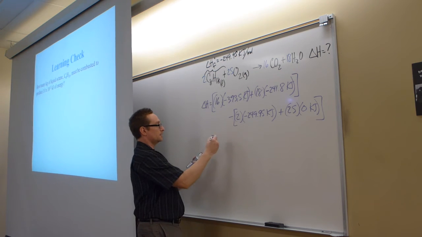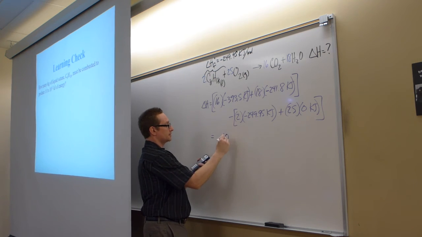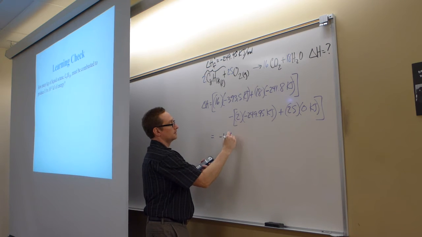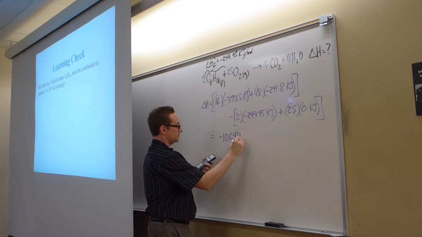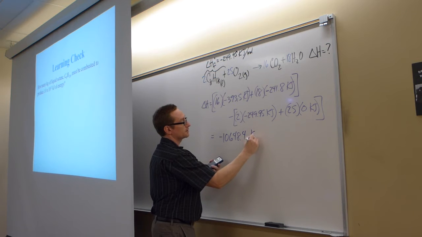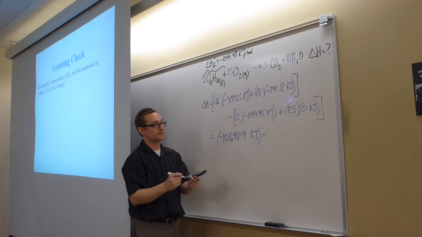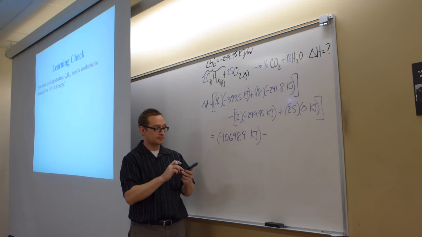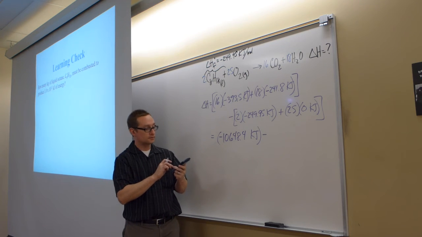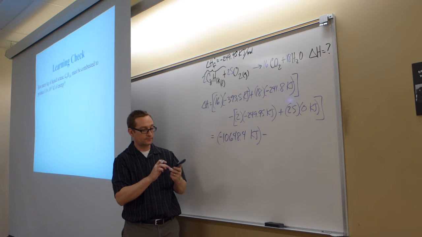So you should get, let's see, negative 10,648.8 kilojoules for the product side, and then for the reactants it's 2 times negative 249.95.